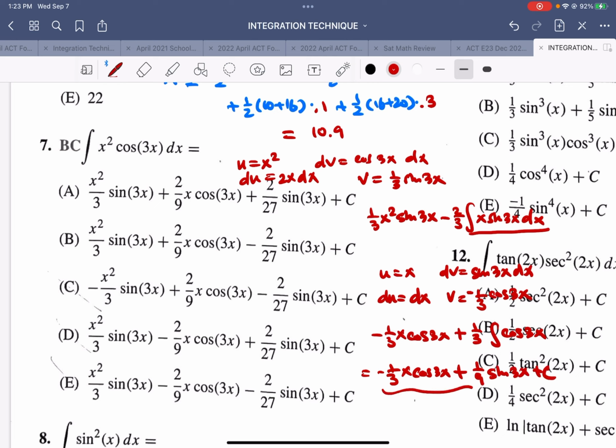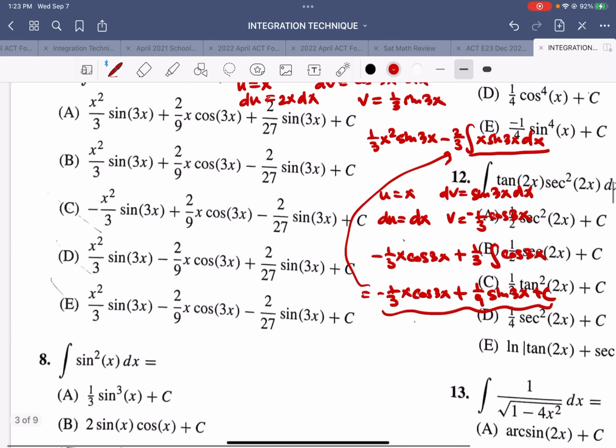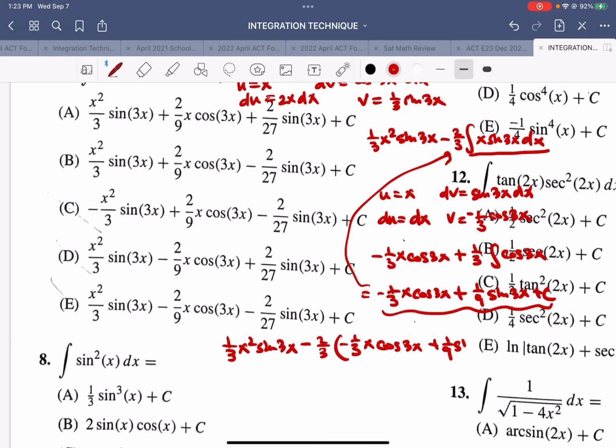Now only that portion goes into here. So your final answer, let's see, 1/3 x squared sine 3x minus 2/3 times negative 1/3 x cosine 3x plus 1/9 sine 3x and plus c.